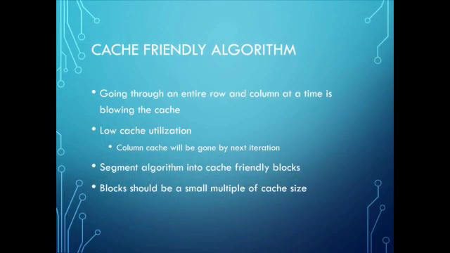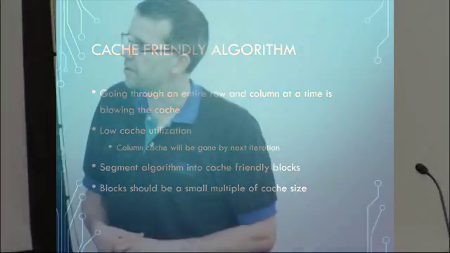So in order to optimize this and make it more cache friendly, if we look at the algorithm, we notice that we're going through an entire row and an entire column each time. If our matrix is very large, we're just going to blow everything out of cache before the next iteration, and we're not really utilizing cache as efficiently as we should be.